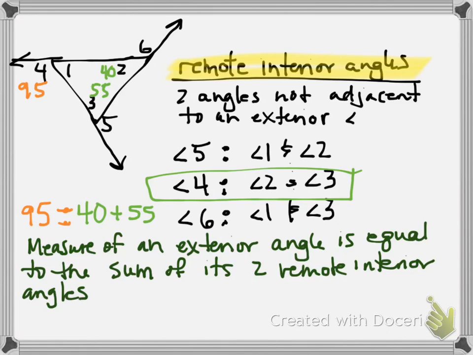So in our case, the measure of angle 4 was equal to the measure of angle 2 plus the measure of angle 3.